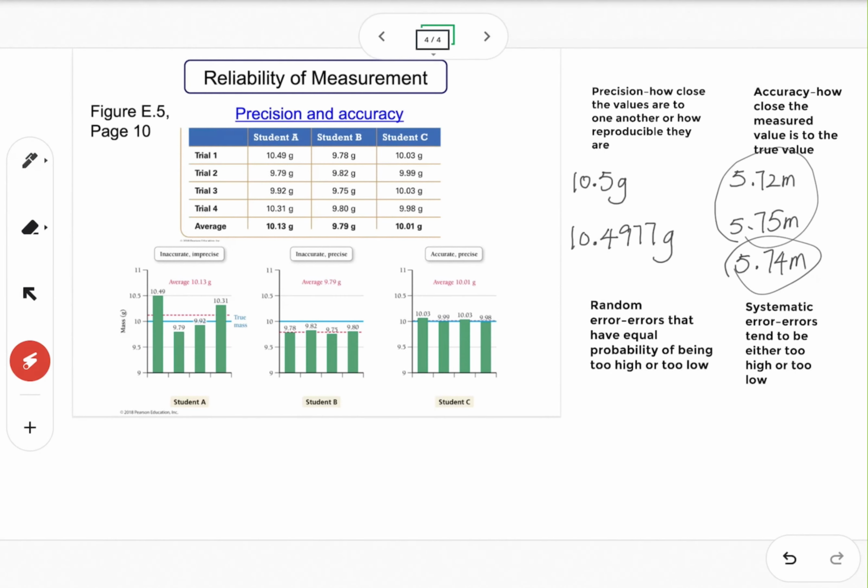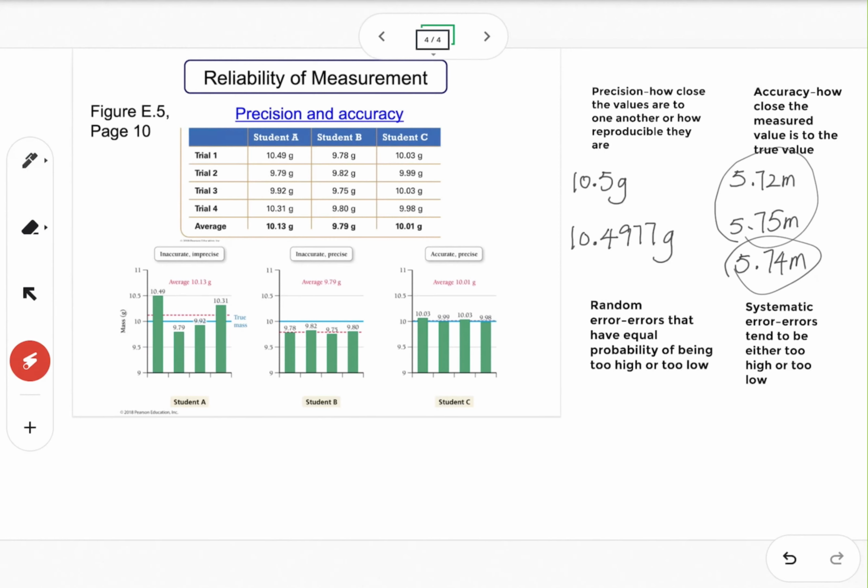Now, let's continue our discussion about random error and systematic error. Random error is the errors that have equal probability of being too high or too low. This can be reflected by student A. You can see that two of them are higher than the true value, two of them are lower than the true value. So it looks random, it does not have a pattern.